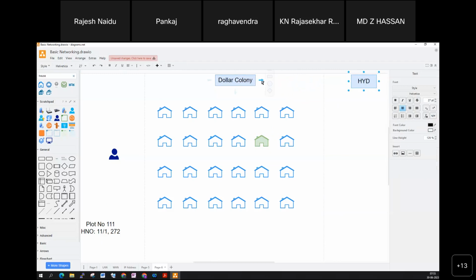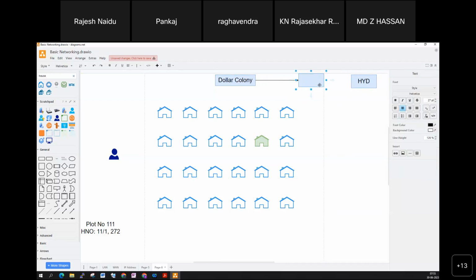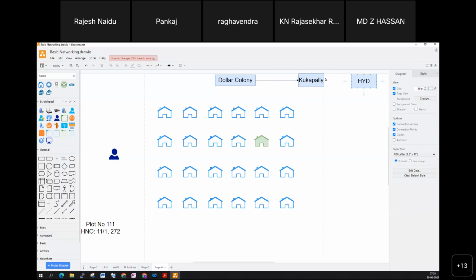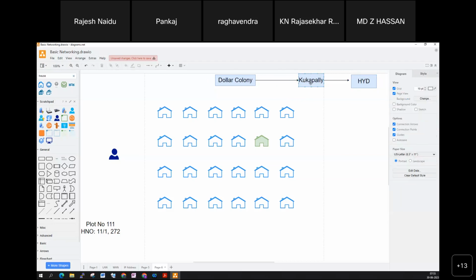Example, guys, I'm in Hyderabad, so I'm taking a Hyderabad example. Suppose it is Kukatpally. Kukatpally is in the Hyderabad location. In this Kukatpally, there are a number of colonies, and one of the colony names is Dollar Colony.